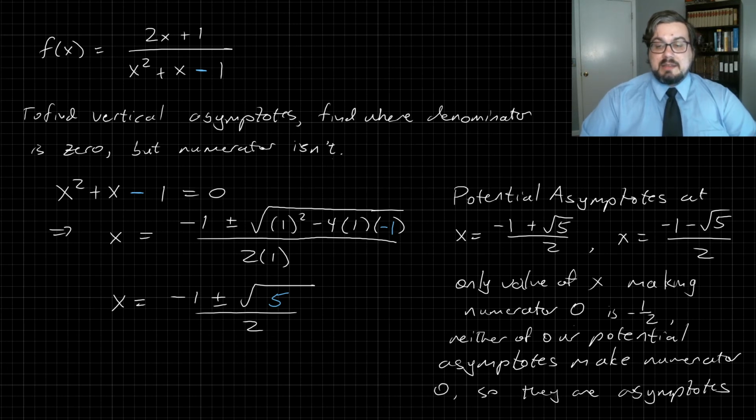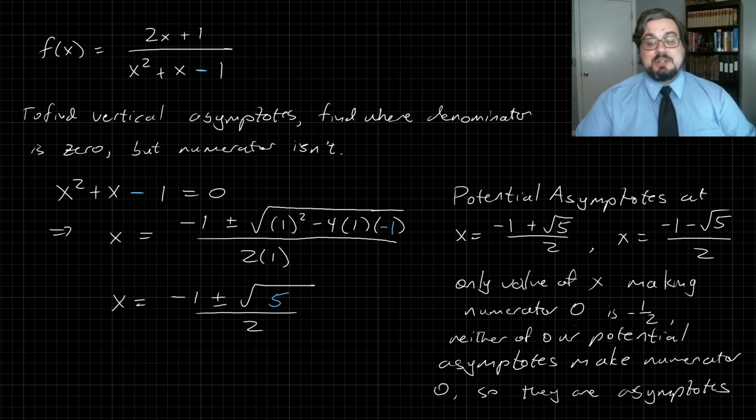So in this case, our function has a couple of asymptotes: x equals negative 1 plus the square root of 5 over 2, and x equals negative 1 minus the square root of 5 over 2. So a couple of irrational numbers, but they are perfectly good numbers where a function might have an asymptote.